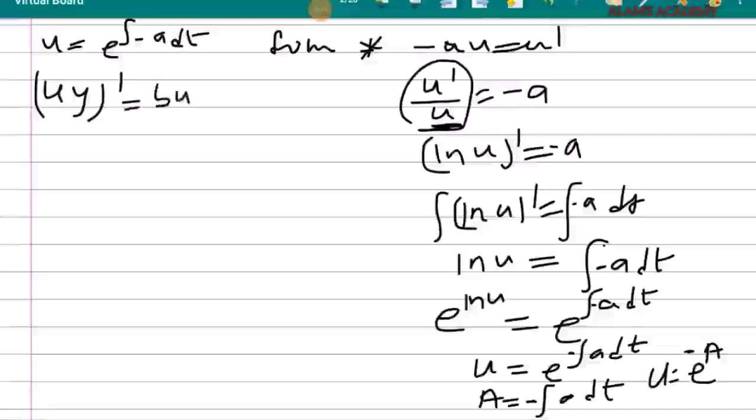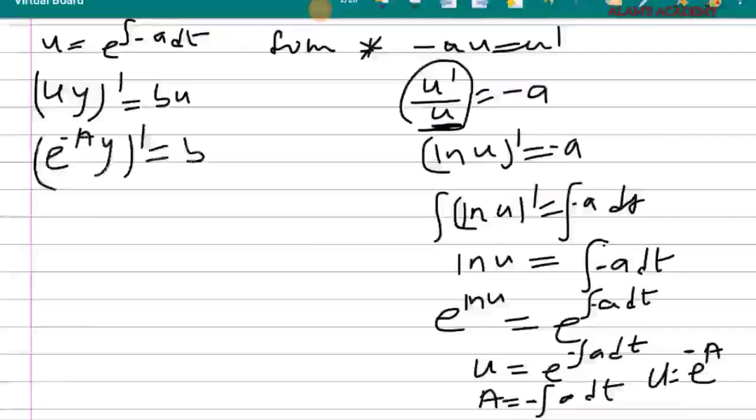Now that we have gotten our u, we substitute it inside this particular equation. So I now have (e^(-at) y)' equal to b e^(-at). Now take the integral of the right hand side and differentiate again.